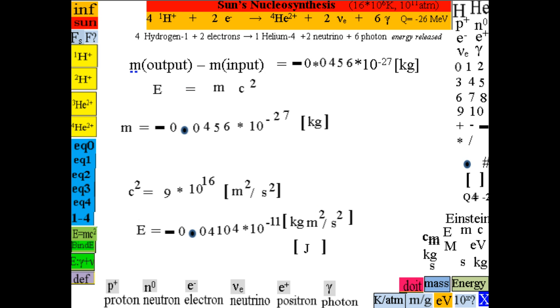I think you should be very proud of yourself that you were able to precisely apply Einstein's famous equation E equals mc squared, which tells you what energy is generated when the mass is transformed into energy.